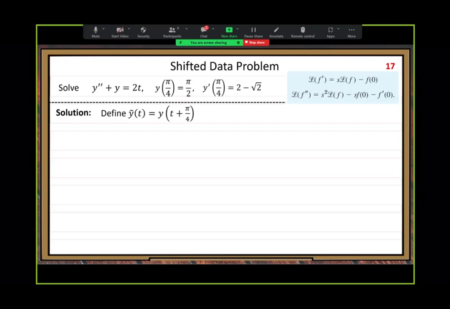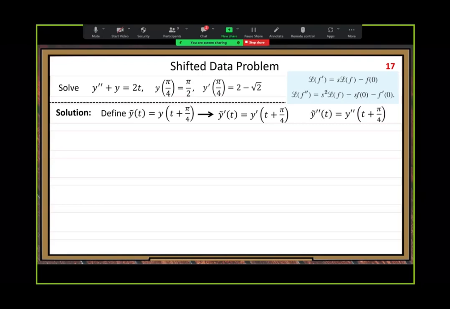So after we define a new function, you can see the initial values will be adjusted to be right for application of our basic formulas. So for y prime and y double prime, you have the same relationship.